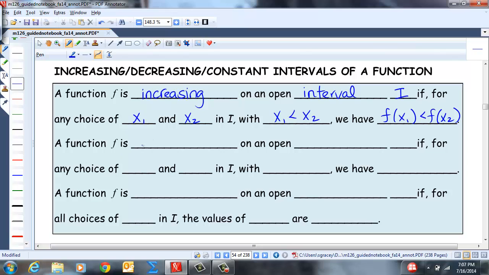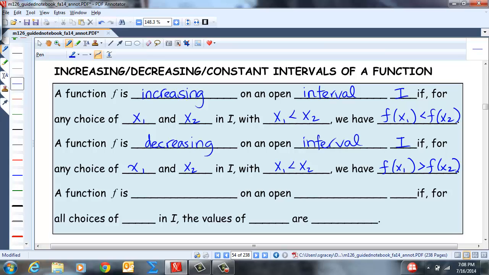Now, a function f is decreasing on an open interval I if for any choice of x1 and x2 in our interval I, with x1 being less than x2, we have our function values getting smaller.